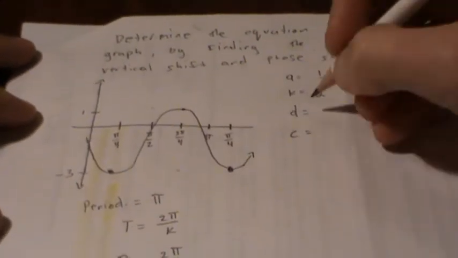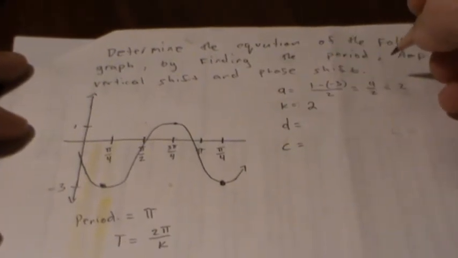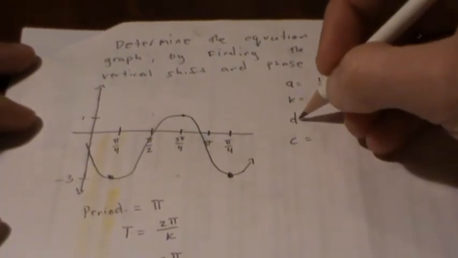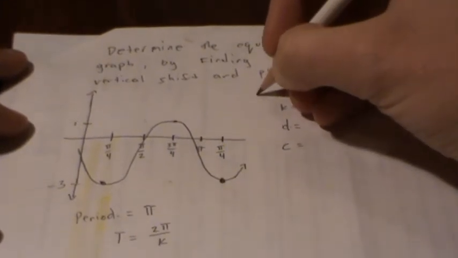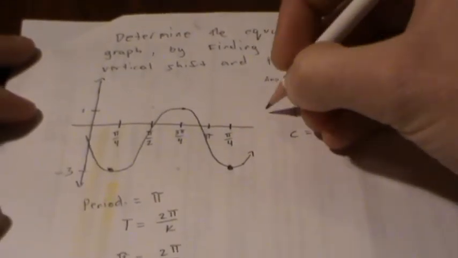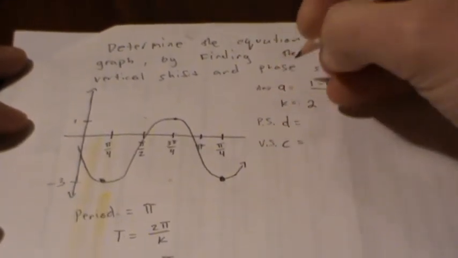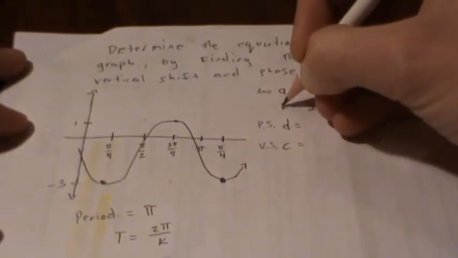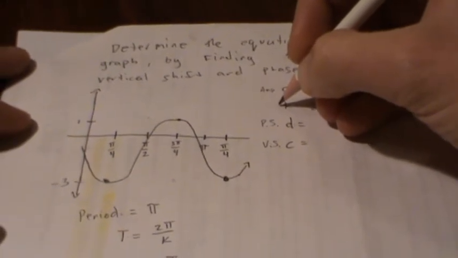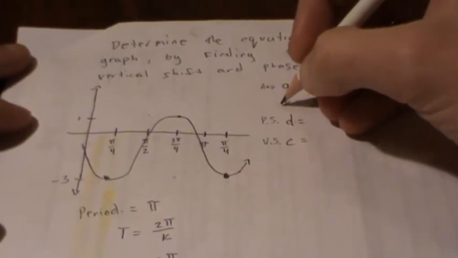Now D is the phase shift right here. Remember, this is the amplitude, this is the phase shift, this is the vertical shift, and this isn't the period, but it has to do with the period, so I won't write period right there.